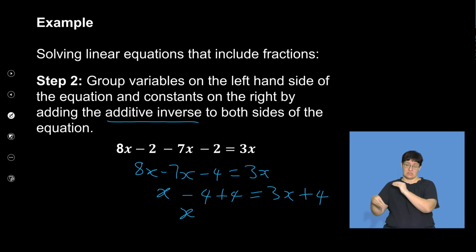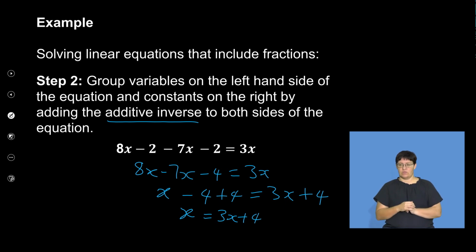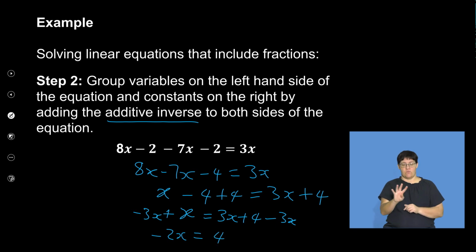Remember to add a 4 on the other side. It will be x is equal to 3x plus 4. The additive inverse of 3x on both sides will be minus 3x, and it will be minus 3x on this side. So this will then give me negative 2x is equal to positive 4.